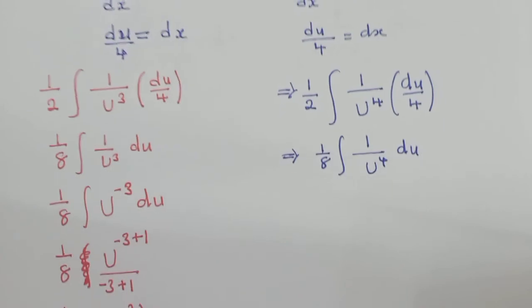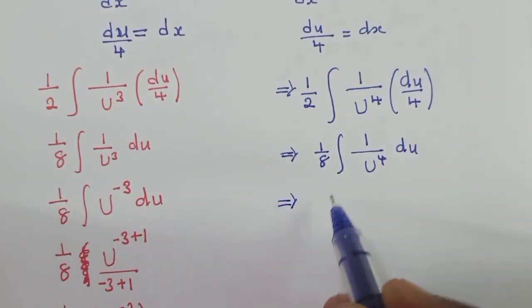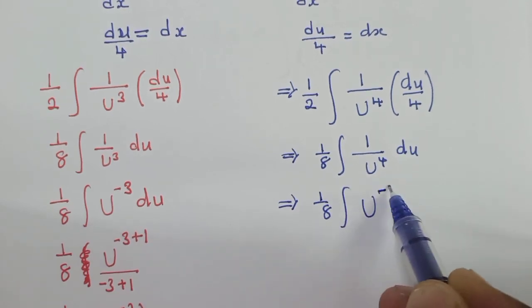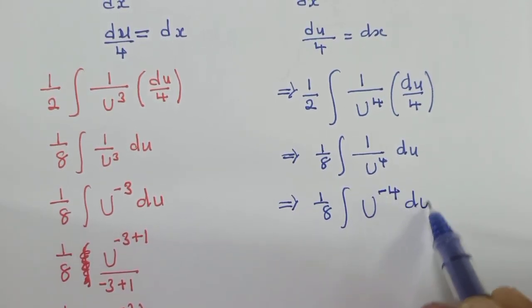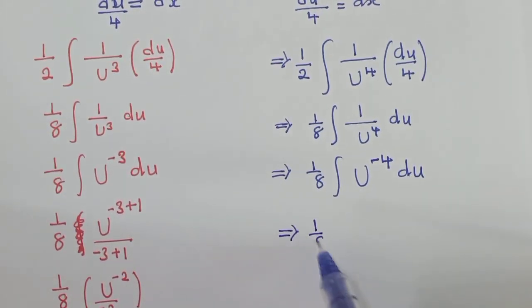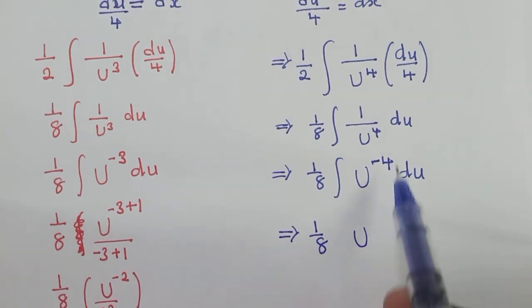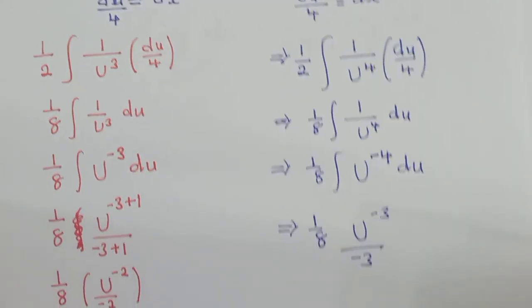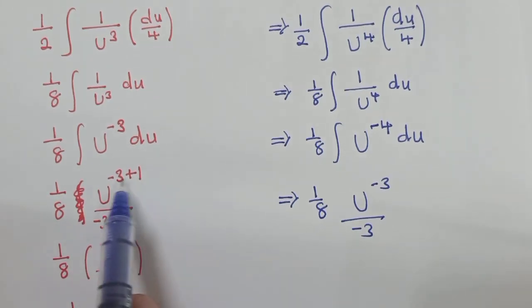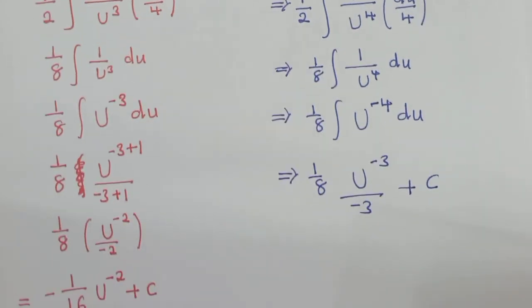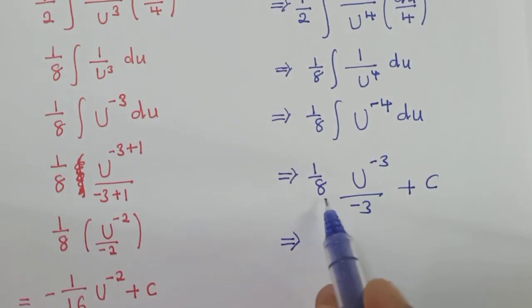Next, almost the same steps. The denominator becomes the numerator, so that it's easier for us to integrate. Here we add 1, we have negative 3 divided by negative 3. We have written this part. We do it like we did here, plus c. Next is to multiply these two.